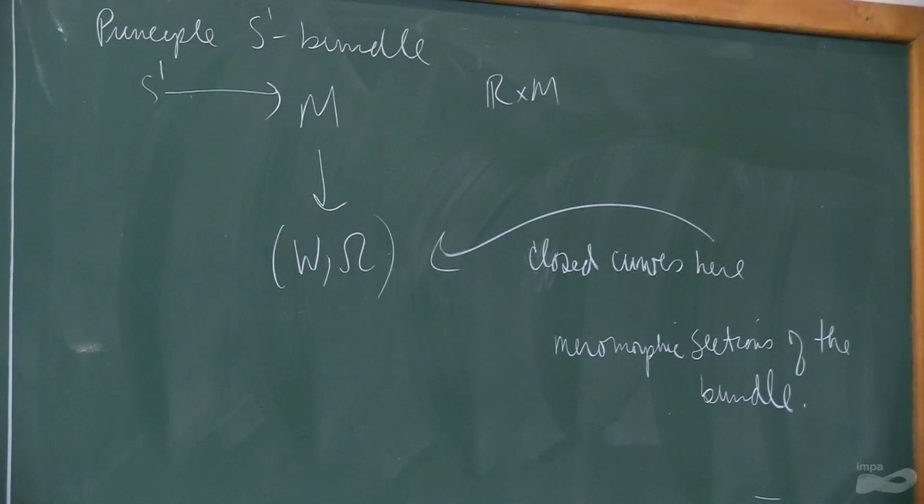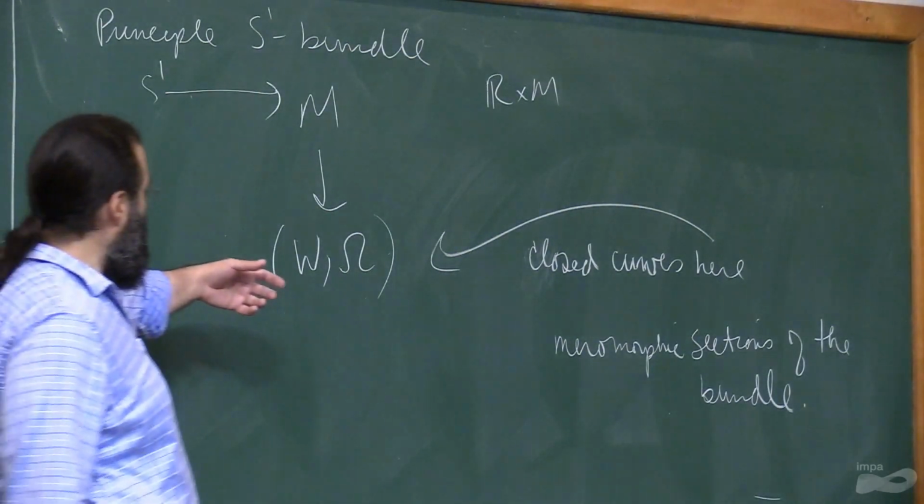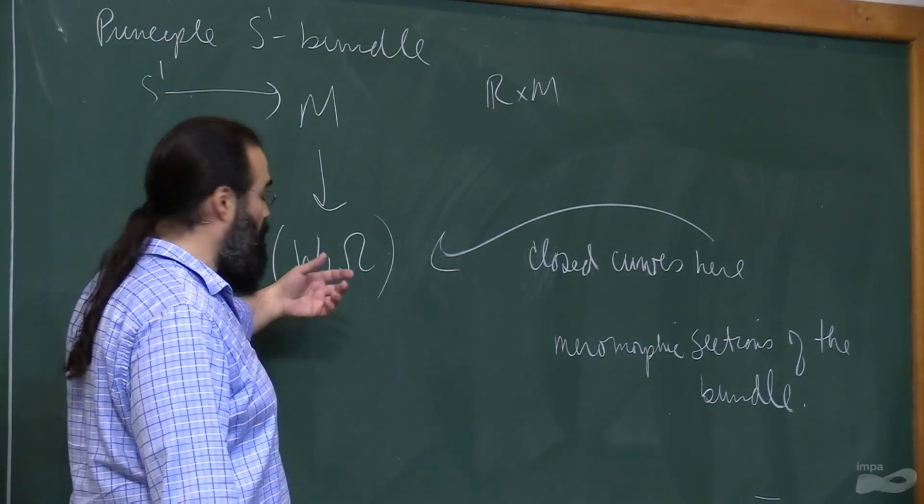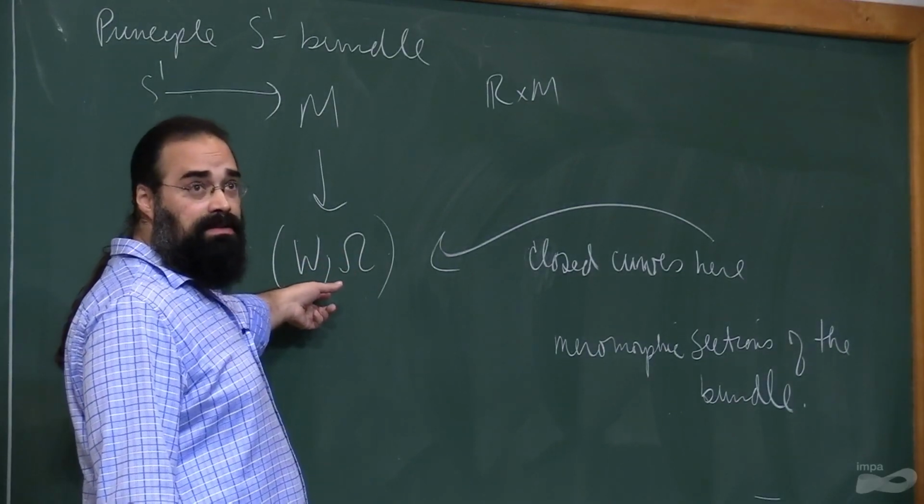And so there's the study of the holomorphic curve theory that counts closed curves in symplectic manifolds, Gromov-Witten theory. There's a notion of relative Gromov-Witten theory.